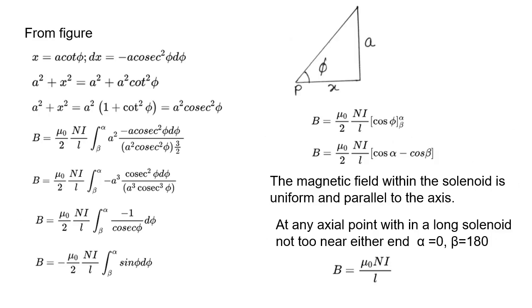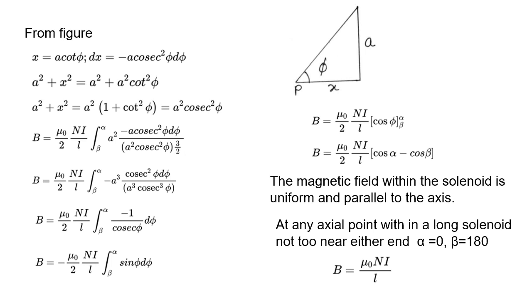From the figure, x equals a cot φ and dx equals minus a cosec² φ dφ, and a² + x² is equal to a² + a² cot² φ, which gives you a² common (1 + cot² φ). 1 + cot² φ equals cosec² φ. So a² + x² equals a² cosec² φ.